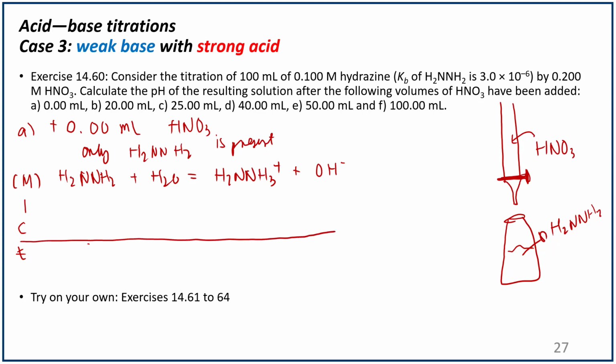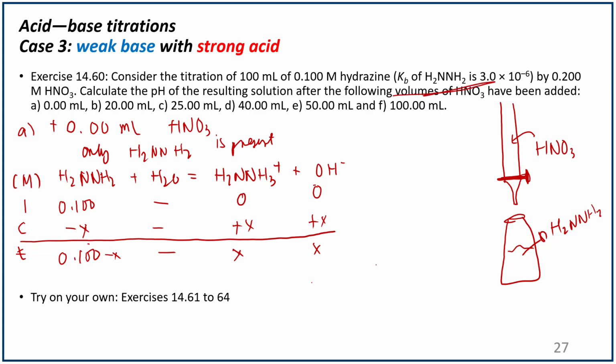We originally start with 0.100 molar of hydrazine, we ignore water, and we assume there's 0 of hydrazinium ions and 0 of hydroxide. Then a change of x, and at equilibrium the concentration should be 0.100 minus x for hydrazine, x for hydrazinium, and x for hydroxide ions.